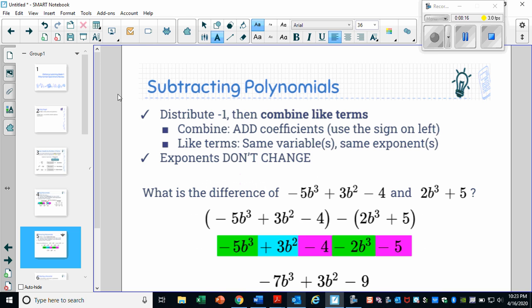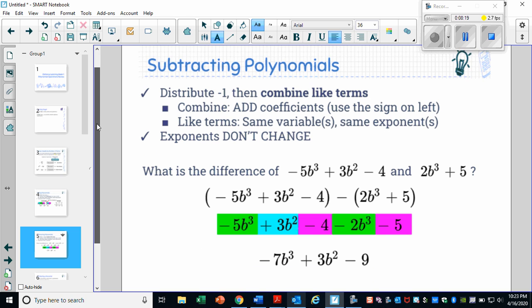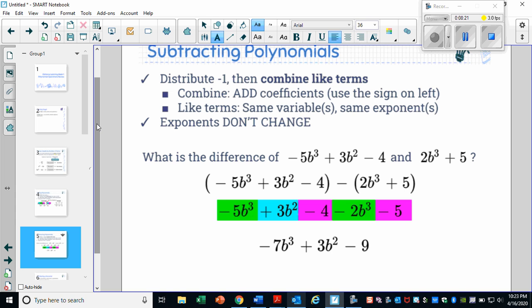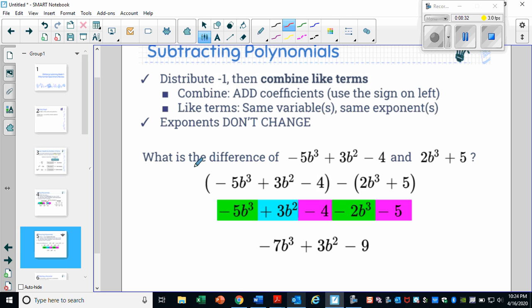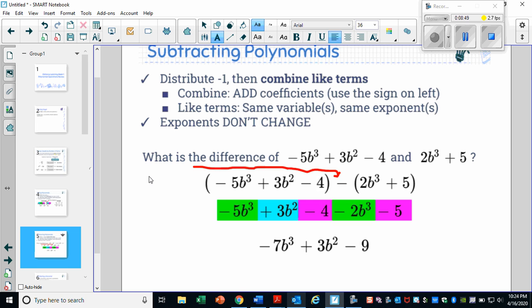Now, subtracting polynomials. Similar to adding polynomials. Again, see this sign right here? That's the most important sign. Again, too many of us thought this meant you multiply by negative 2b to the third, negative 5. This just means subtract your polynomials.